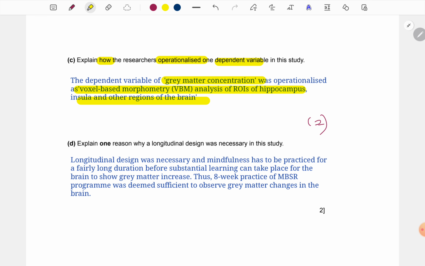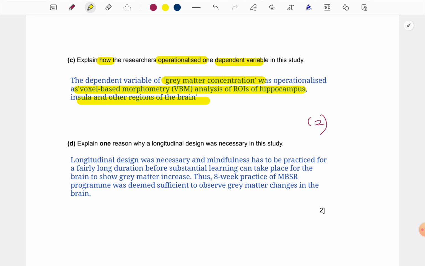Again, I have not used terms like percentage or proportion because that's not specifically given in most of the textbooks. So to be safe, I've just named the technique and pointed out which are the regions they were looking out for. Again, aim based, not finding based, because initially they were not looking for TPJ and other areas, they just happened to find them. So they were looking for hippocampus, insula and other areas when they prepared the plan. So that's how I've written.